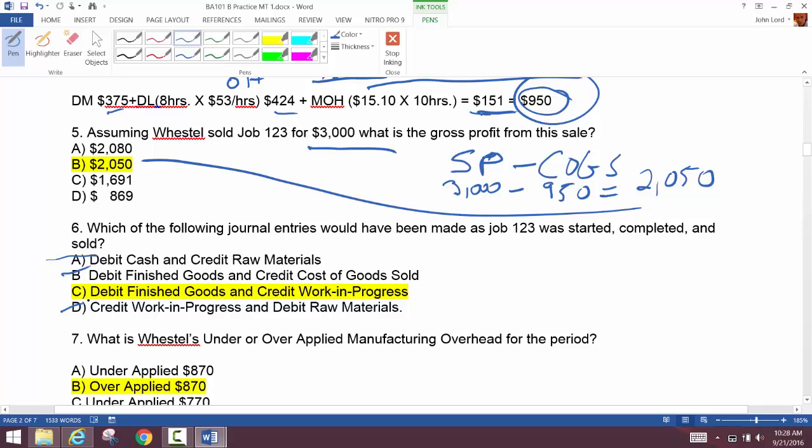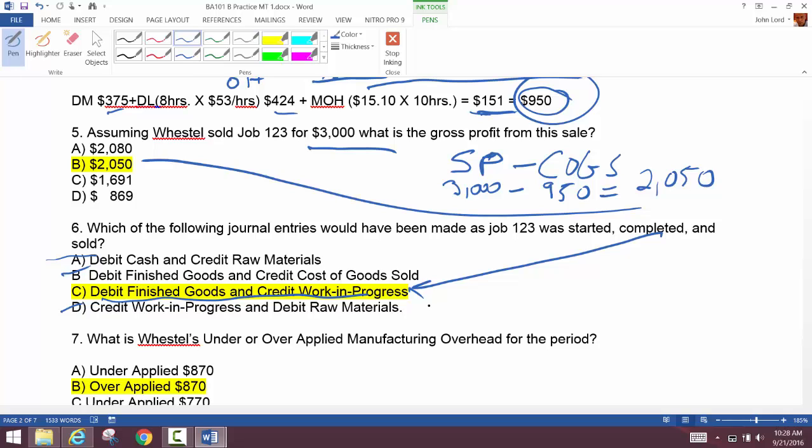So the only entry that made any sense was to debit finished goods and credit work in progress as the job was completed. I just didn't narrow this question down to what entry I should make when the job's completed. I made you think about the whole process, and you need to pull out which of the entries is logical in this overall process, right?